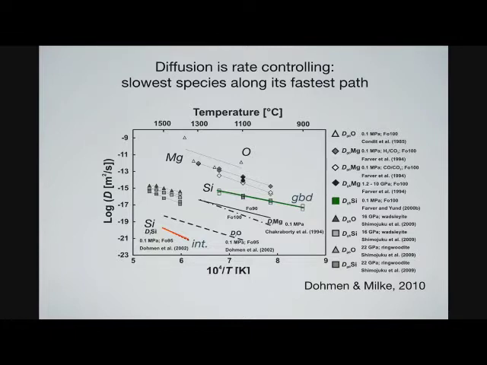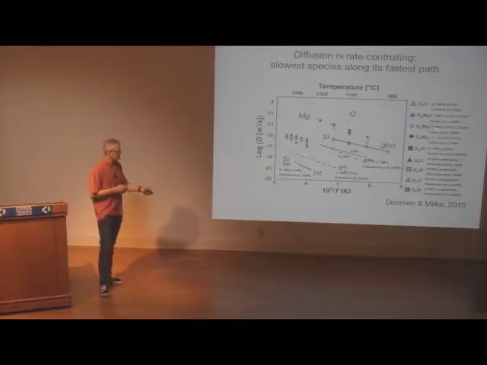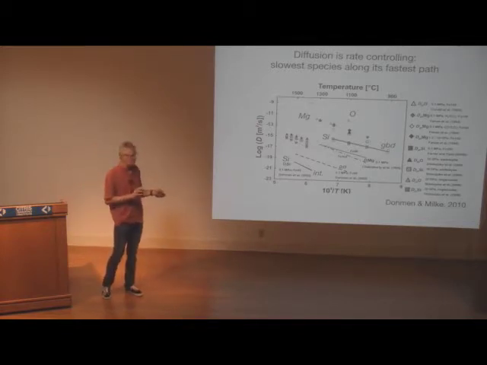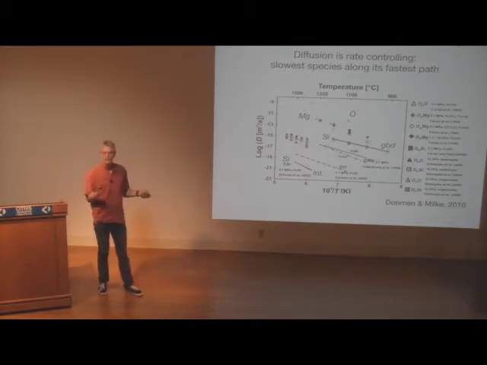The slowest diffusing species in this case is silicon. Diffusing along grain boundaries is the fastest path, and that's then the rate limiting step, the rate controlling step for diffusion. So these are obviously lots of experiments, and I'm just touching on a very wide diffusion literature here, lots of experiments, not as many as we want.